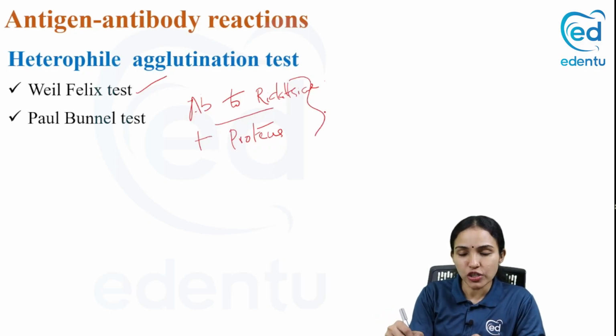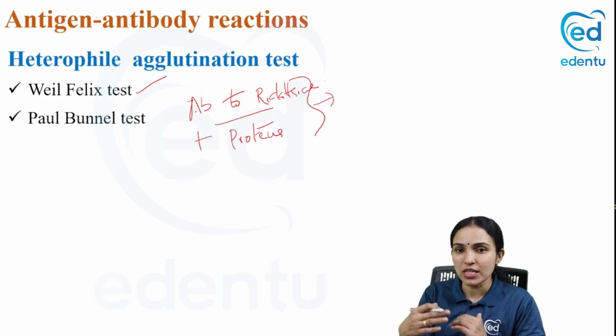If a reaction occurs, you consider it positive for rickettsia. Why? Because rickettsial antigens and Proteus antigens are heterophile antigens. They share epitopes, so antibodies produced against either of them can cross-react. So we use an antigen of a different species to find out whether antibodies are produced against another species. That is the application of the heterophile agglutination test.